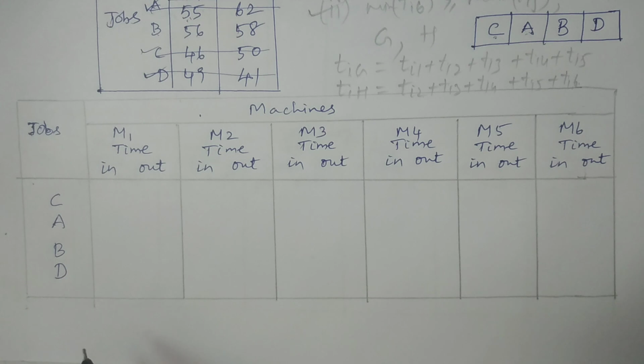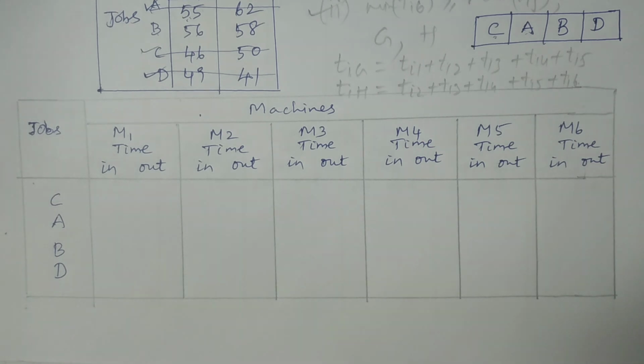By taking this optimum sequence, in the calculation of time in, time out, and total elapsed time, you have to consider this optimum sequence. Is it clear?